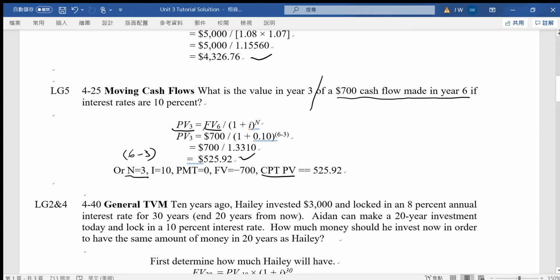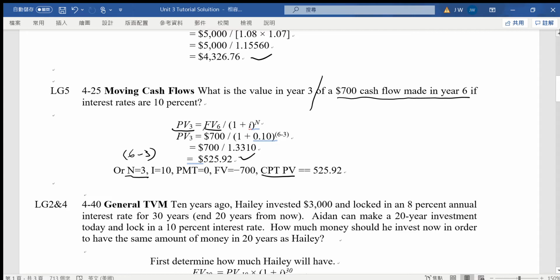Finally, n equals 3, and then the interest rate I is 10%. Any regular payment? There is none, so you write down 0. And the future value in year 6 is $700. You want to find out the present value.